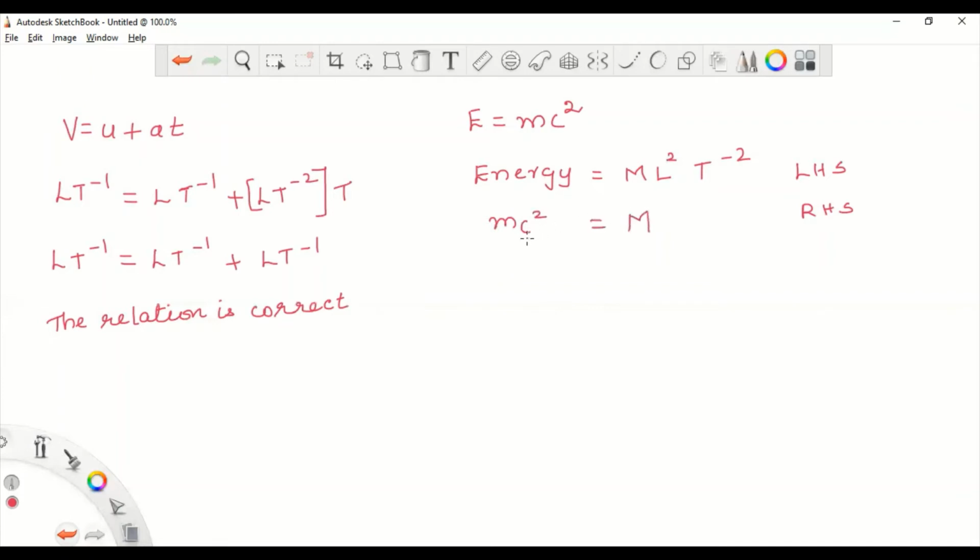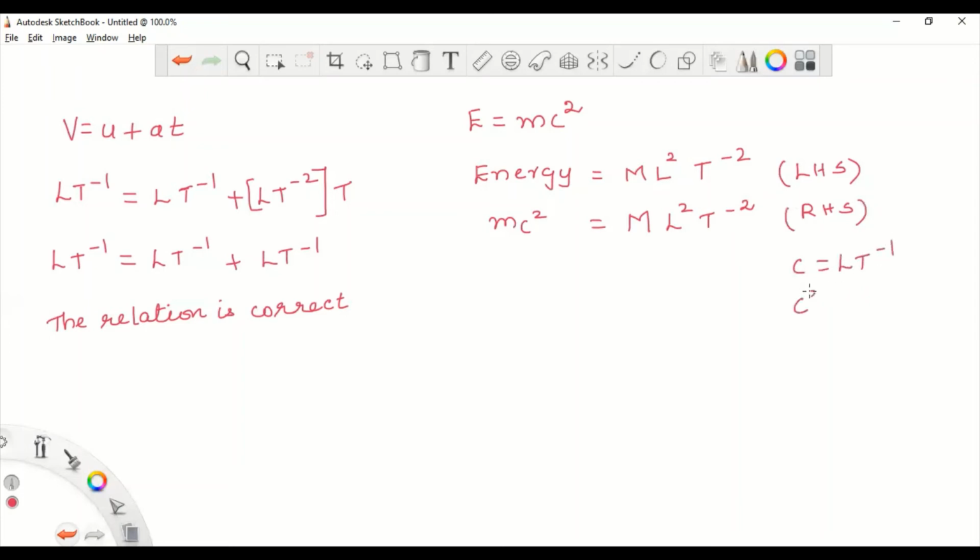What about this c? Speed of light. Because we know that c is the speed of light, speed, velocity. So, c dimensional formula is LT power minus 1.